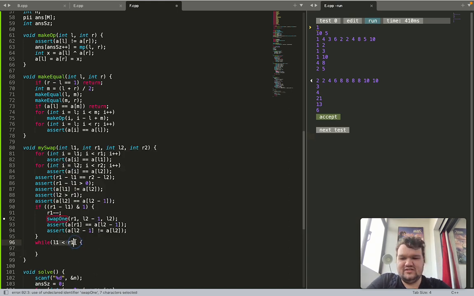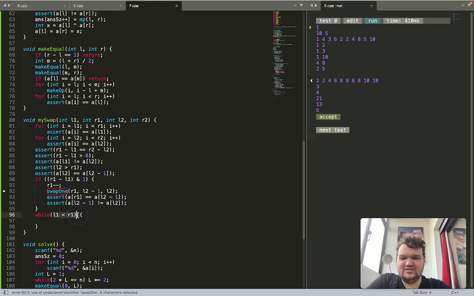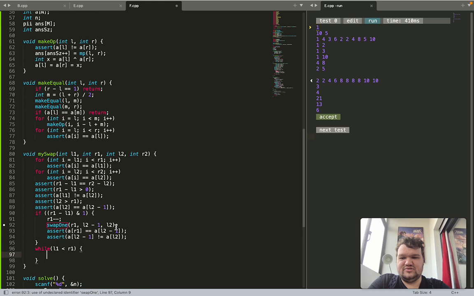So while I haven't swapped everything, like now, after I did this, I know that there is an even number of them. I will take 2 pairs on both sides and do the operations.